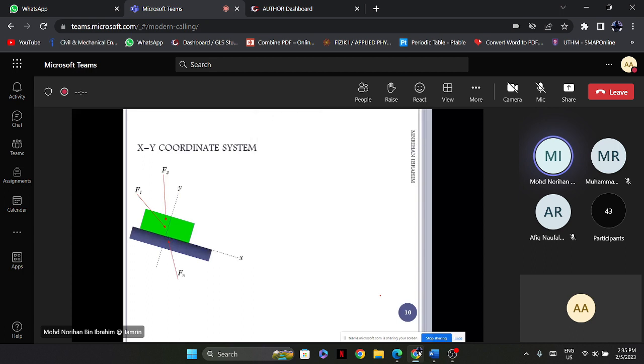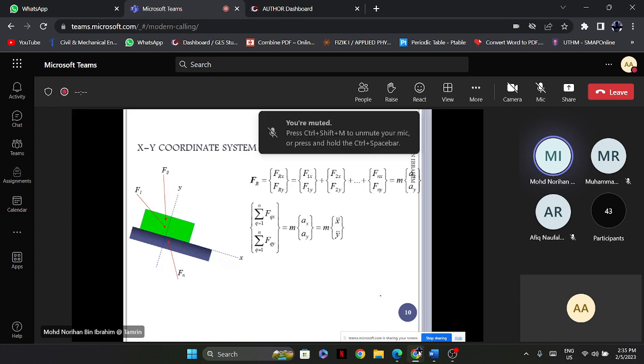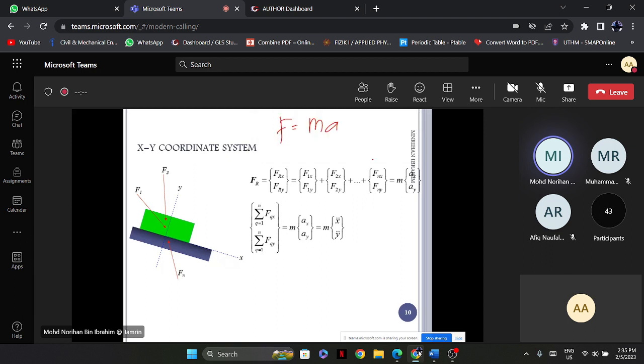So the next is concerned about the applications of the X-Y coordinate system. We know that Newton's second law of motion is F is equal to ma. So that is the basic thing when we talk about Newton's second law of motion. Keep in mind that it relates with the equation of force F is equal to ma.